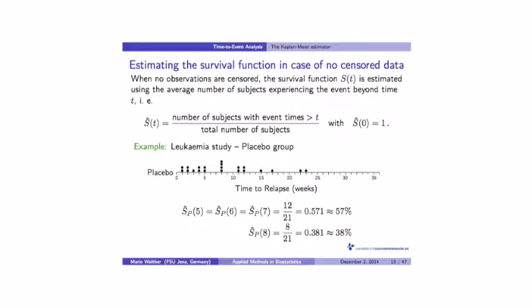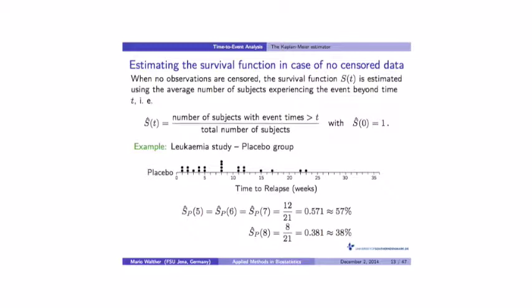If we consider the survival probability at 6 weeks, that is, you ask for the probability of being event-free up to 6 weeks, or the probability that the patient in the placebo group relapsed after 6 weeks, you have to count again the number of patients who relapsed.